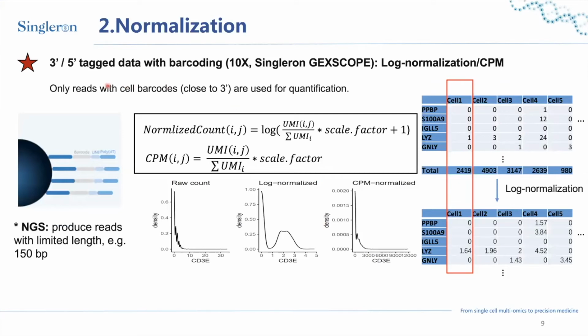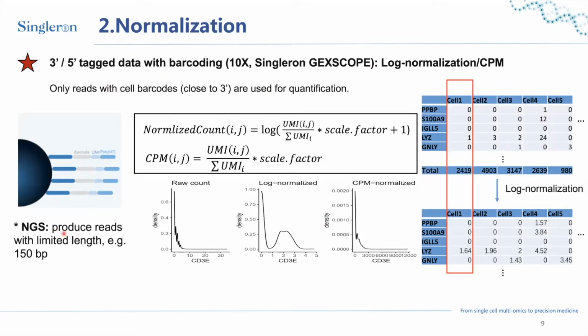However, if it is 3' or 5' tagged data with barcoding, like we usually do with 10x Genomics or single JAK-scope, it is a little bit different, because all the reads are captured by the beads and pooled together for sequencing.